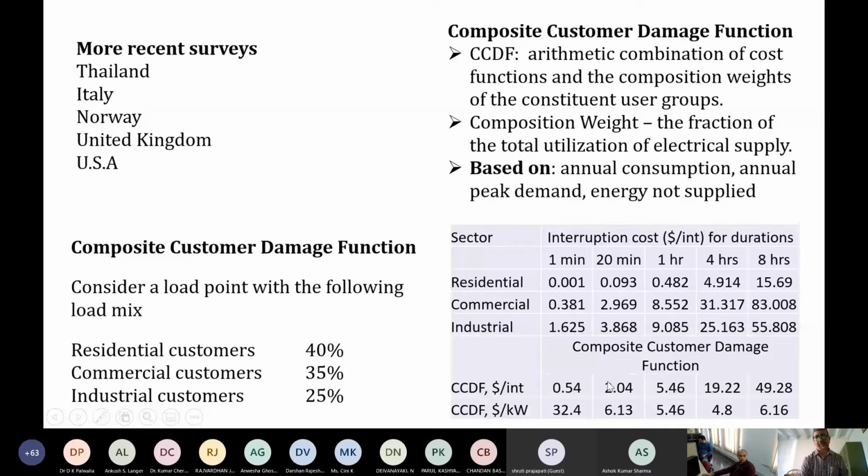So we will be using this CCDF value in dollar per kilowatt for further analysis, for value-based reliability investment decisions, to invest in the power system reliability improvement.